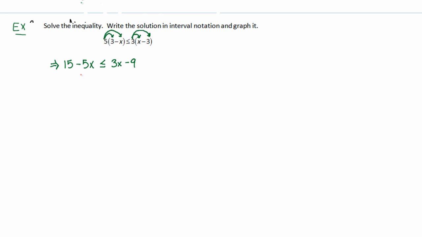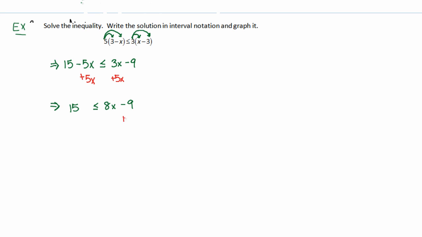In this case, I'm going to add 5x to both sides because when I add 5x to both sides, the left-hand side remains as 15, but the right-hand side now has a positive 8x. And there's a strength to doing that. The strength is that I don't have to worry about that whole inequality flipping thing.